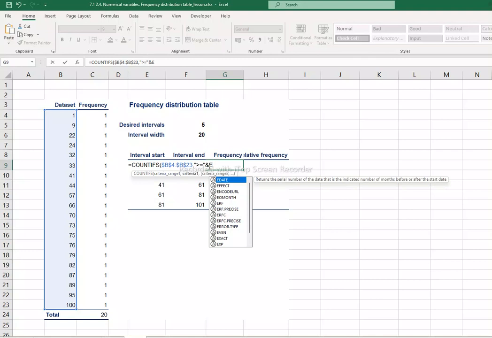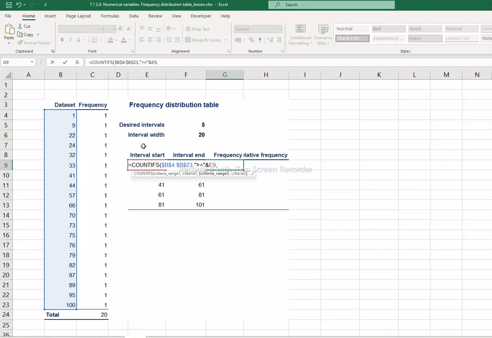We should give E9, and again we give the range, and it should be less than that. Sorry, I have used the plus sign.